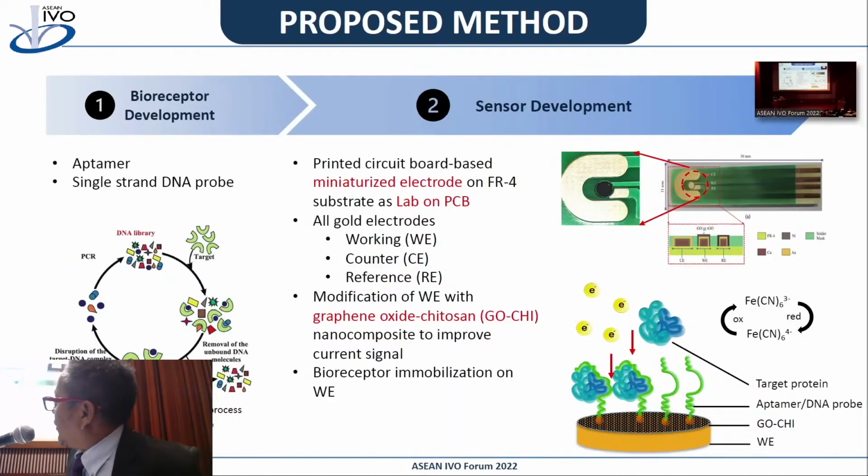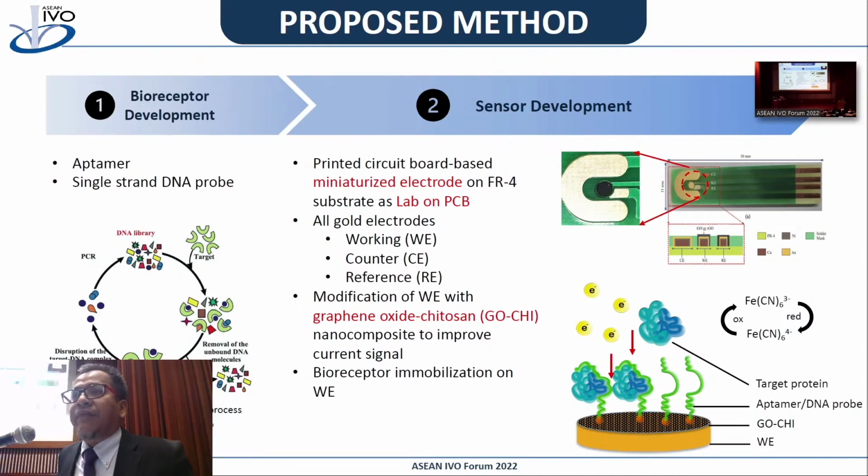So what is our proposed method? As shown, this project is a collaboration between my side from engineering and the Institute of Molecular Medicine from medical science. They engineer the protein and DNA that are specific, not only for the infected patient, but now we focus on the infected patient and also the carrier.